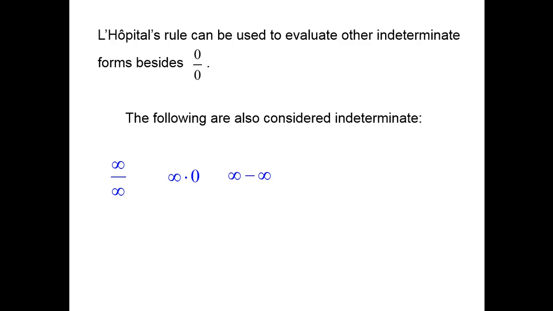Infinity minus infinity. Again, that is not 0, that's an indeterminate form, and we'll talk about how to handle these in a minute. 1 to the infinity is not 1, that's indeterminate. 0 to the 0 is considered indeterminate, and infinity to the 0 is considered indeterminate.